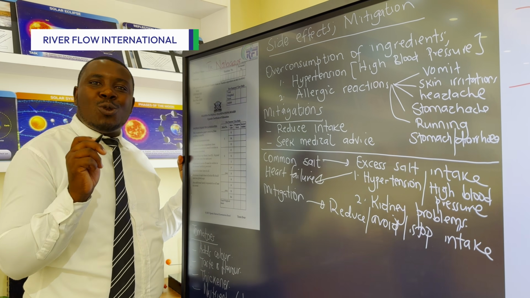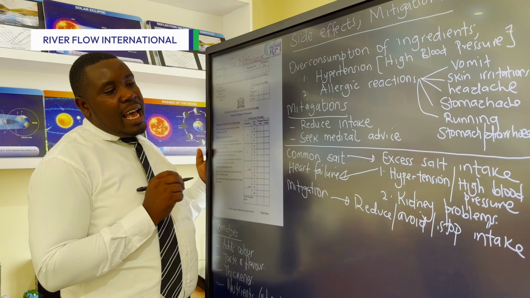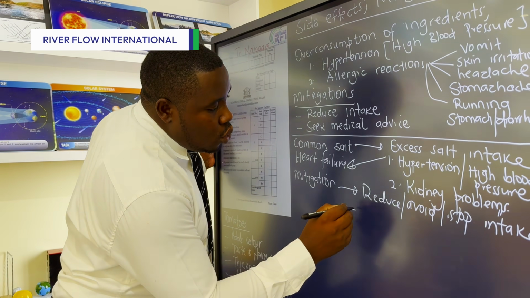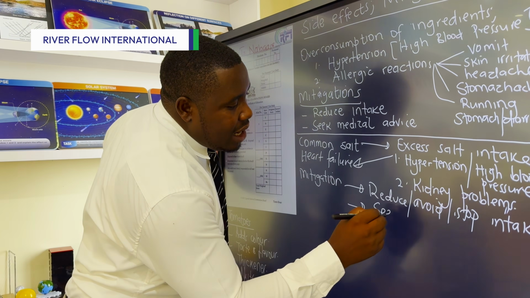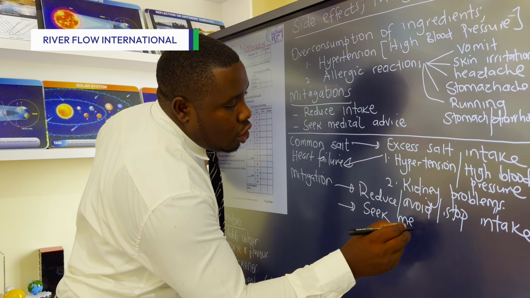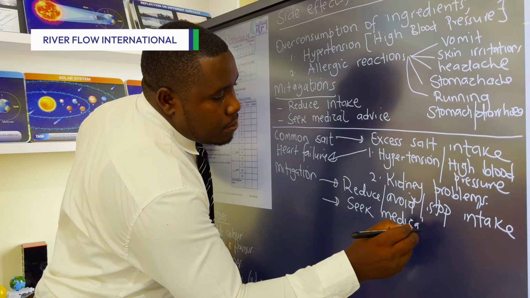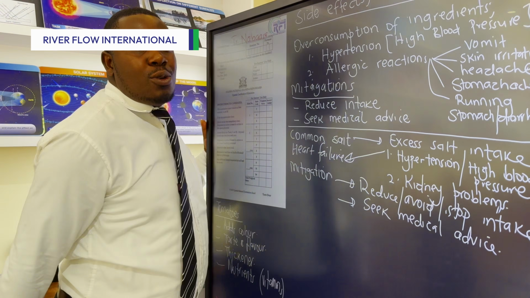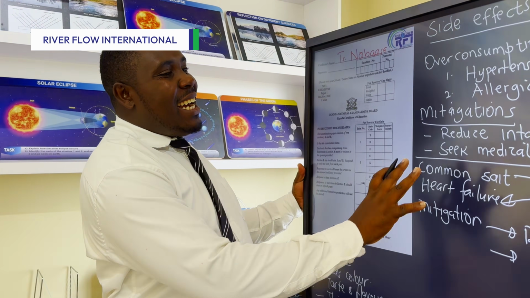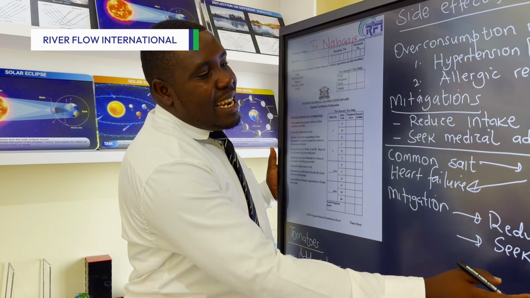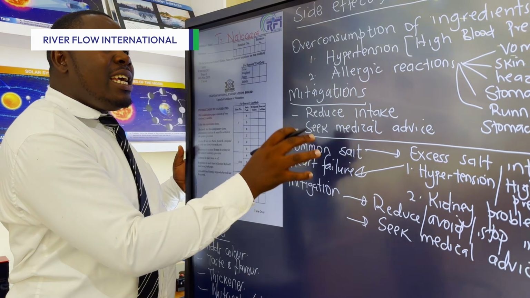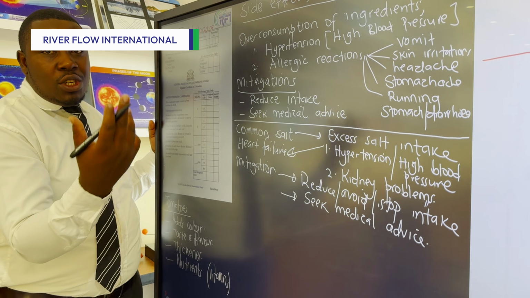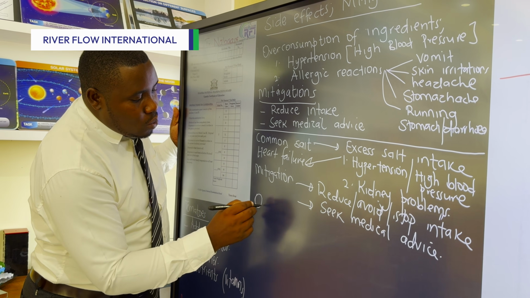That is the first one that we are looking at. And then number two, we go and seek medical advice. We have now looked at the side effects and the mitigation of taking common salt, especially when it is in excess. Let's look at onions.